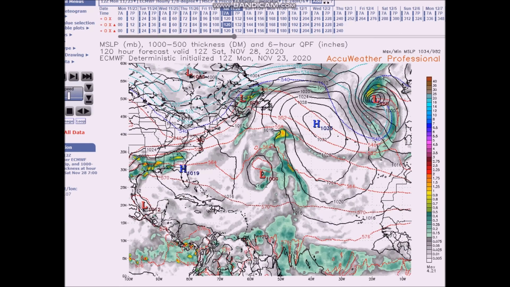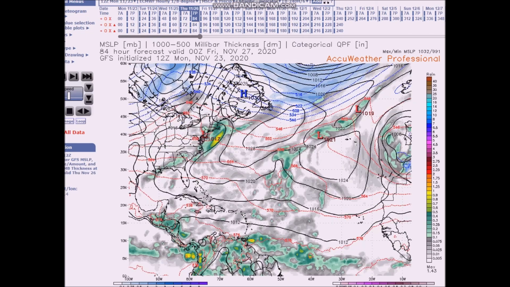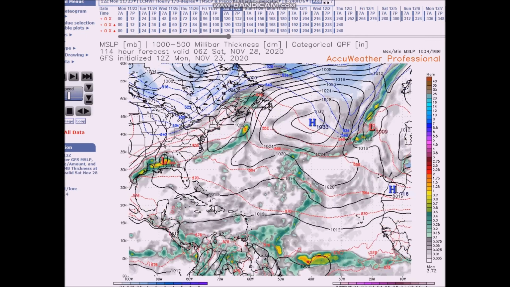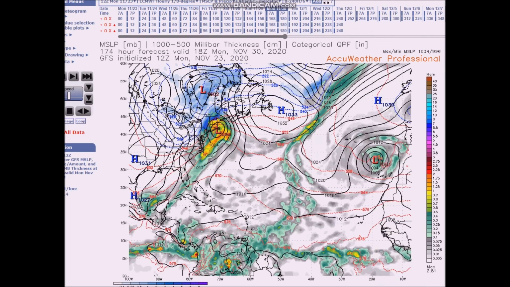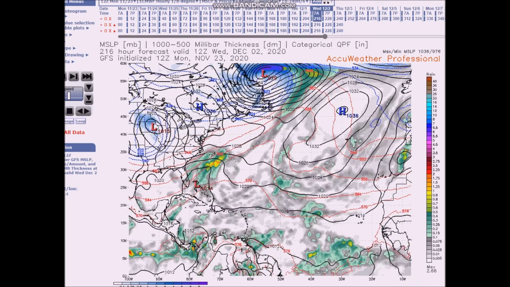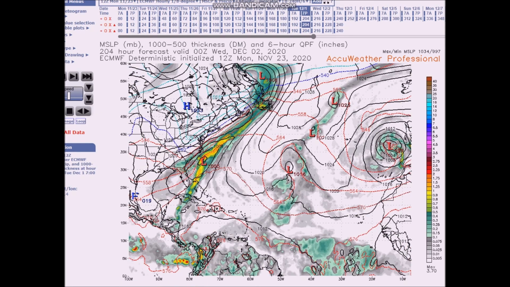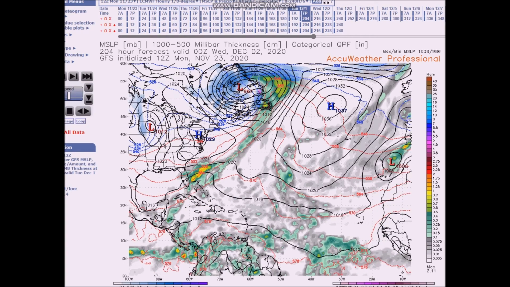Okay, here's the model. Yeah, this is what I want. So here's our low here, and we'll watch. This is the GFS. GFS doesn't really have it that much. It has it over here near the Bahamas versus there, and it kind of lifts out and disappears.